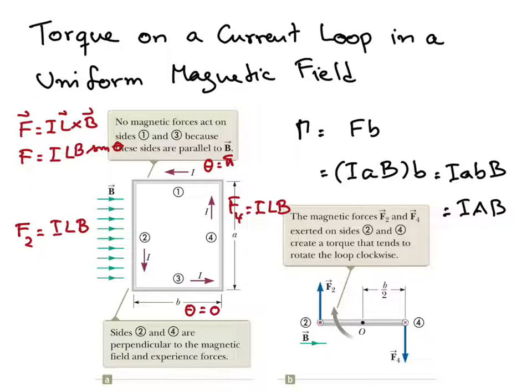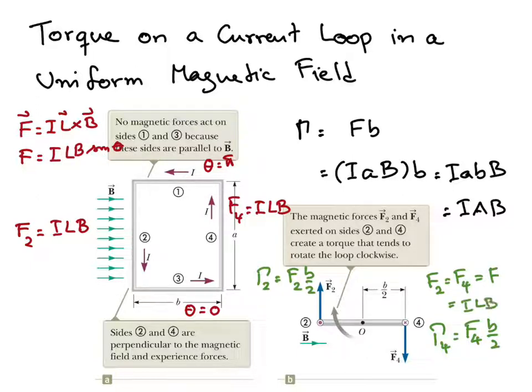Okay, so from this we will have that the torque from F2 is equal to F2 b/2, and the torque from F4 is equal to F4 b/2. But we know that F4 and F2 have the same magnitude. We may write F4 equal to F2, and we write F, which is equal to ILB.